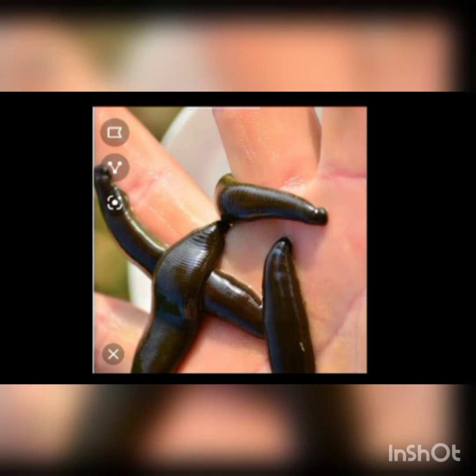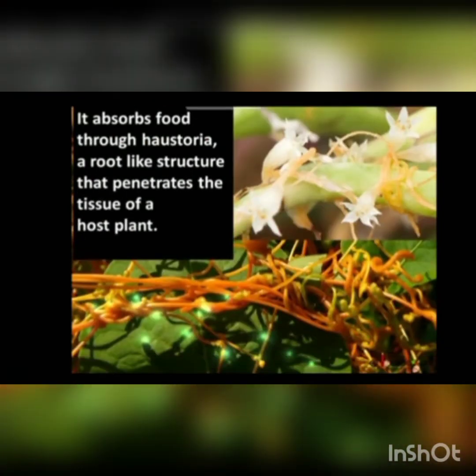Not only animals, some plants are also parasites. As you know, plants are autotrophic, they produce their own food. But there are some plants like Cuscuta. They don't have any chlorophyll. Can you see the orange color vine? That is a Cuscuta plant. Now these vines will twine around the host plant.